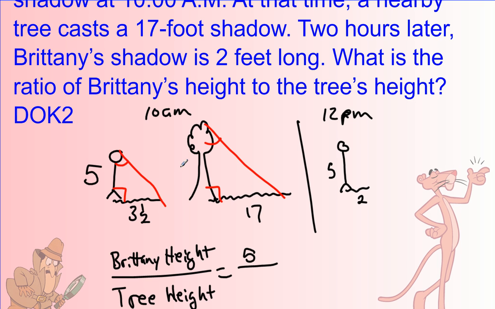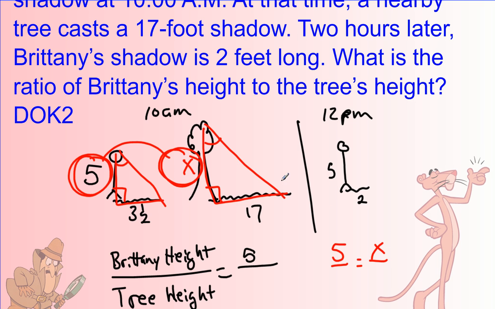These are two similar figures, triangles. And since they're similar triangles, we can use a proportion. Let's see what we got. We're trying to find this, the height of the tree. So 5 corresponds to x.